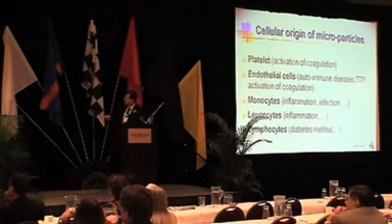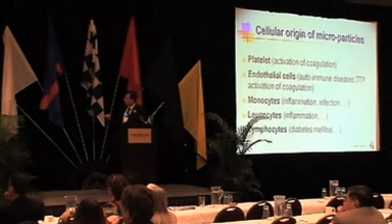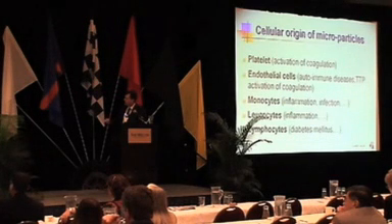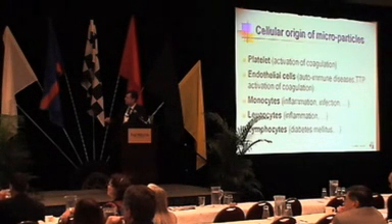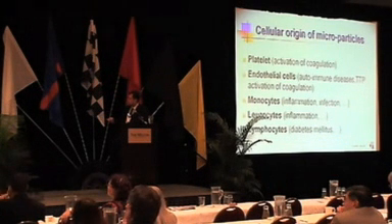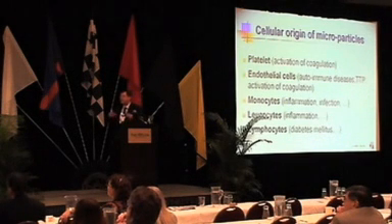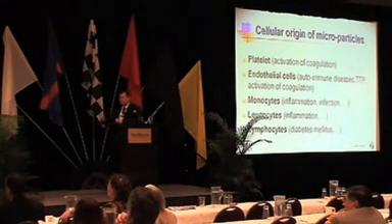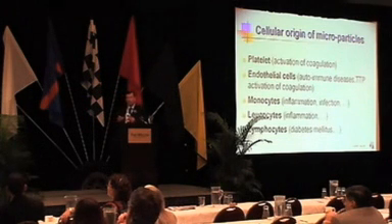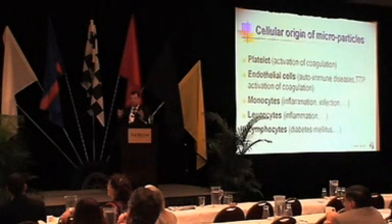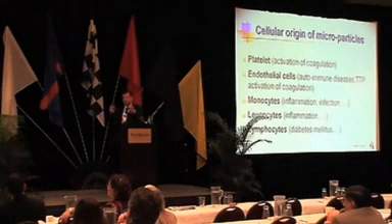The characteristics of these microparticles, according to the cell origin, are as follows. For platelets, they can contribute to activation of coagulation, and when there is activation of coagulation, platelets release microparticles which contain a procoagulant phospholipid surface, but also tissue factor.